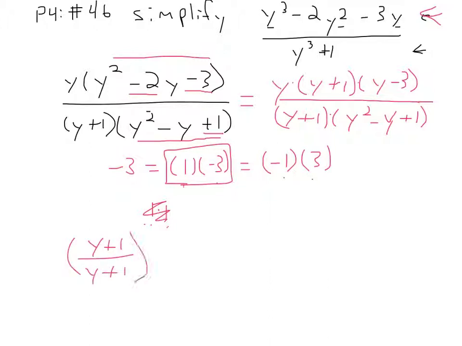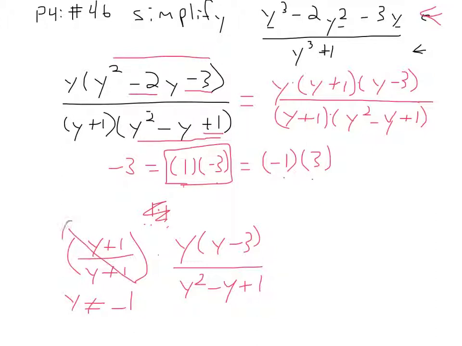If I pull one of these out on each of the top and the bottom, I can do their own fraction as a multiplication, leaving us with y times y minus 3 over y squared minus y plus 1. And this, as long as y is not equal to negative 1, which would give us a 0 over 0, and the zeros don't like being on the bottom.